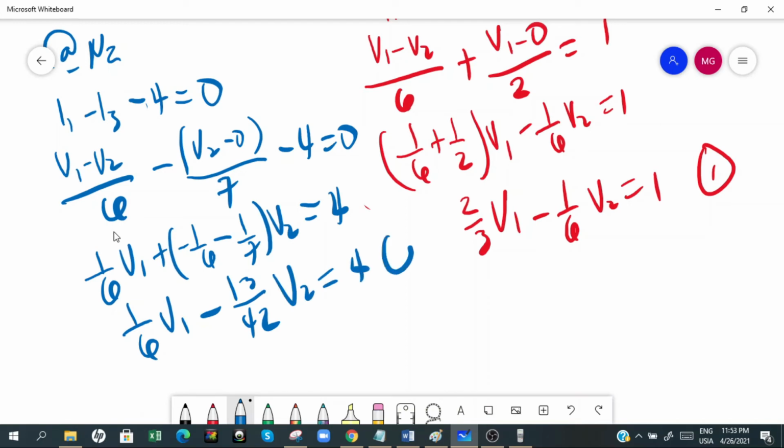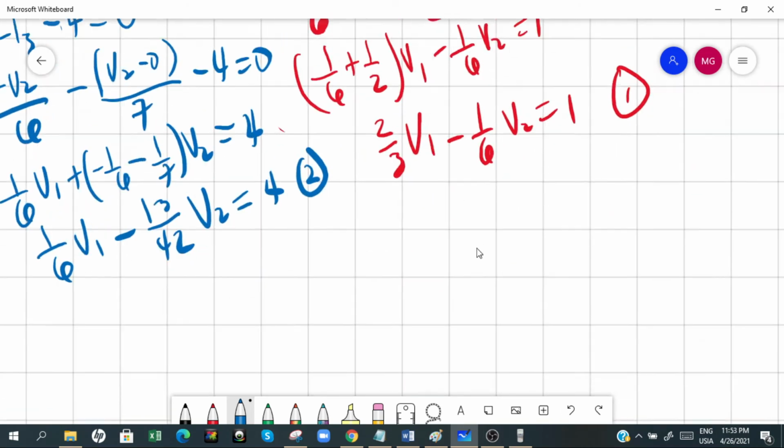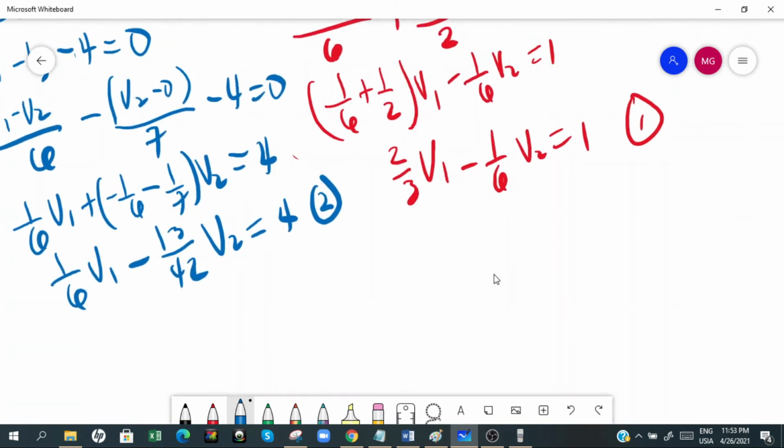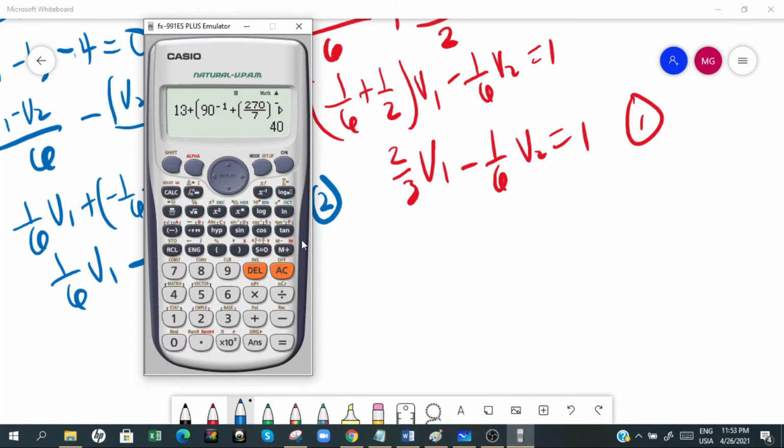Now I don't want you to use any more elimination and substitution. We'll just use the calculator directly. So you have your mode, 5, equation 1. This is 2/3, negative 1/6, then 1.